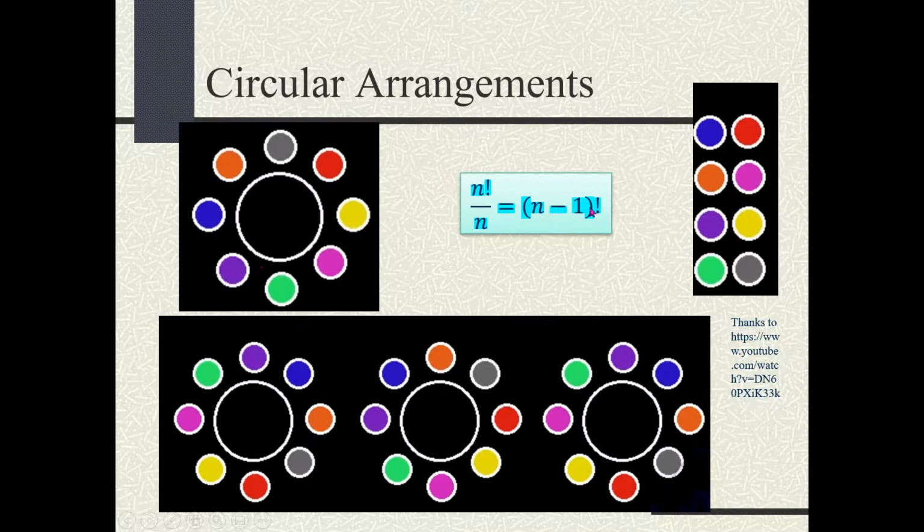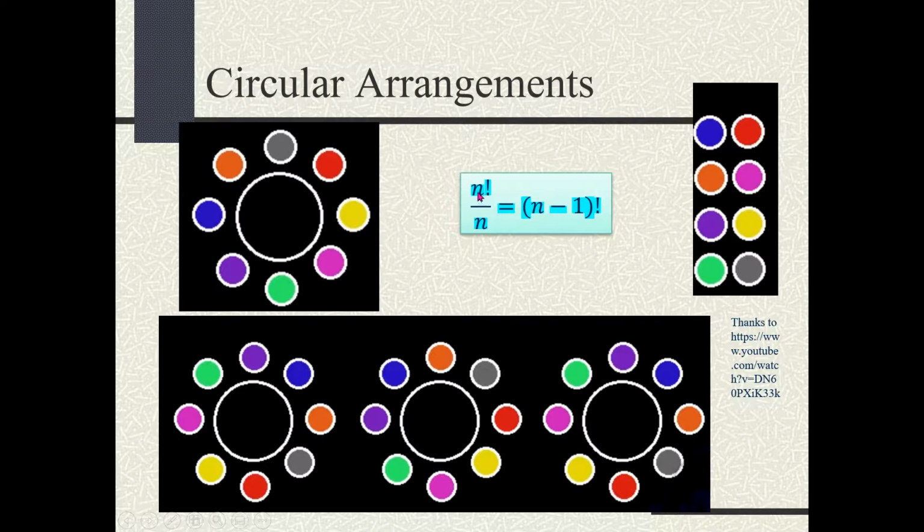So if we have n objects, here we have 8 balls, in general we are going to take the factorial and then deflate by n. Why n? Because the actual n objects could be arranged or rotated in n different ways, and these are apparently different but actually the same.